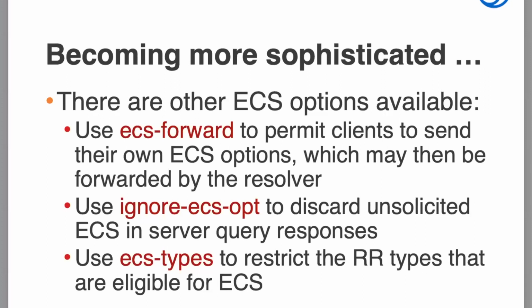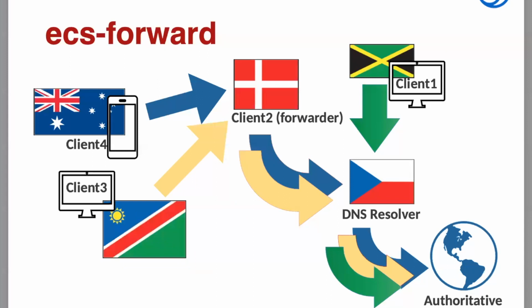There's another sophisticated option, which is ECS types, which you might use, although to be honest, I haven't seen a use case for this, but you can use it so that you only use ECS on certain record types, certain types of query. So ECS forward. This is the simplest example I can think of for a two-tiered setup.